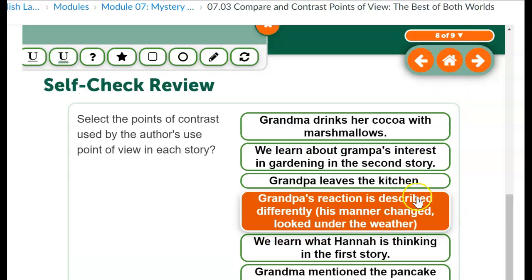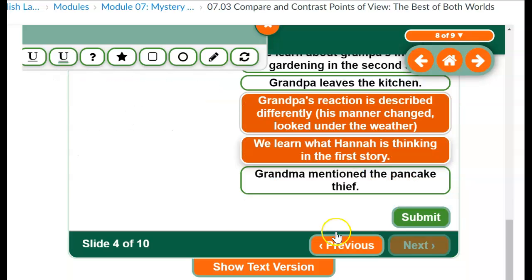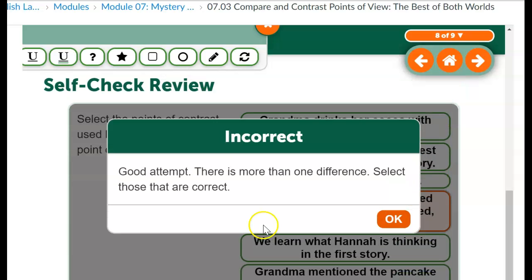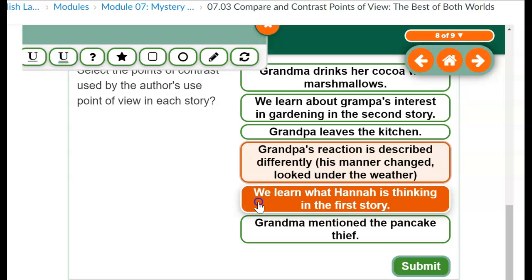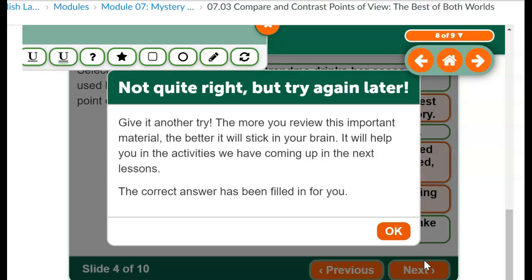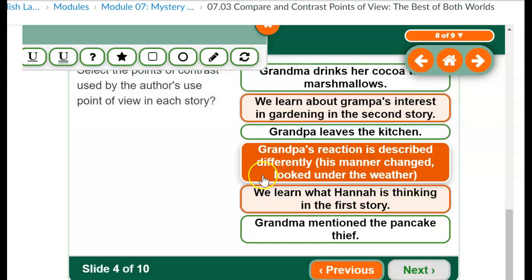So thinking of point of view. So thinking about his manner and how. Do we learn, because remember in the first one, it's first point of view.